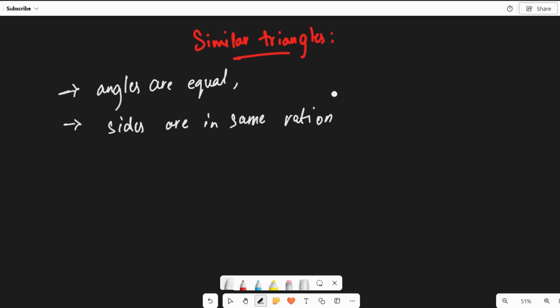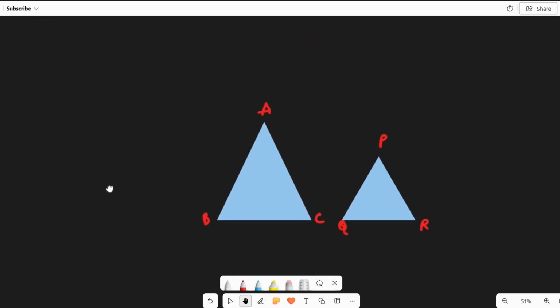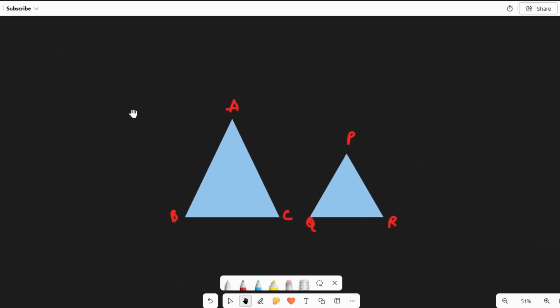Now what does that actually mean? Consider an example. There are two triangles, triangle ABC and triangle PQR. Triangle ABC is called similar to triangle PQR only when corresponding angles of ABC are equal to those of PQR.